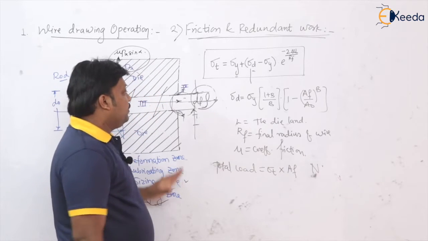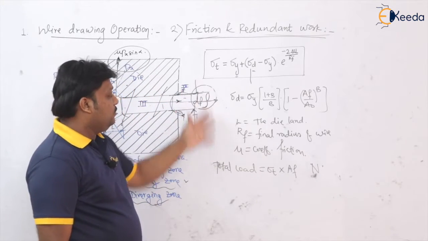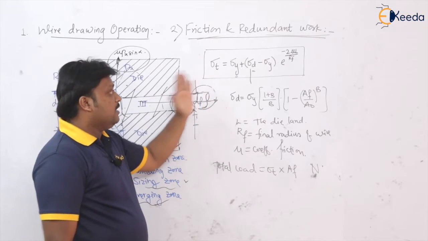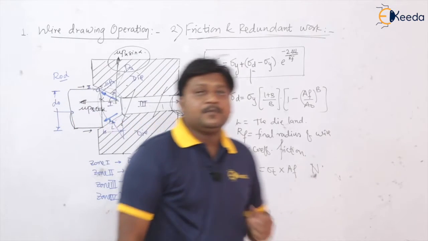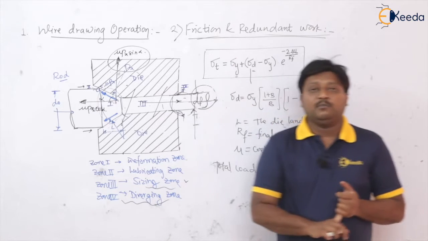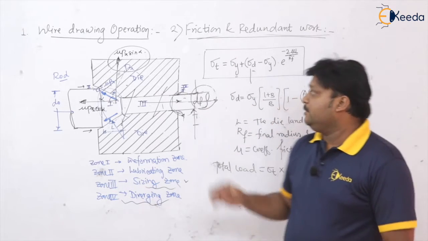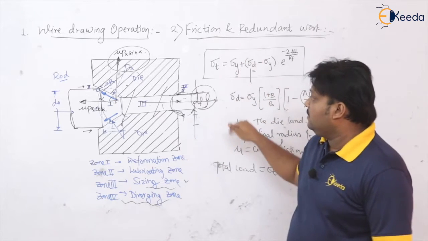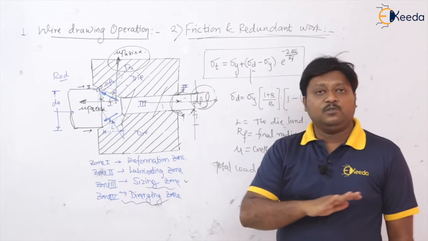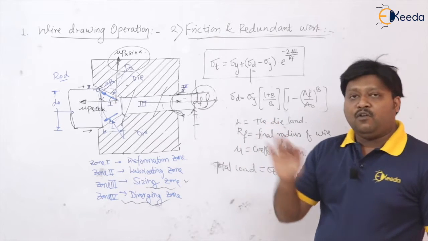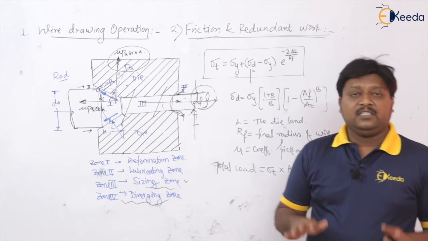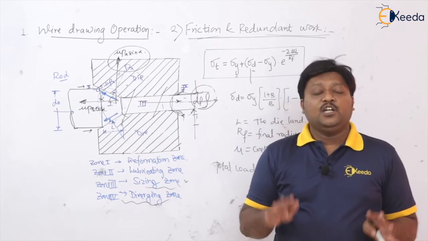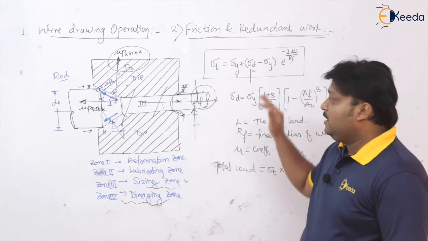No one is going to ask you in the GATE examination how these all come. For deformation or metal forming processes, you just need the important formulas. We can derive it, no big issue, but as far as GATE preparation is concerned, there is no need for these derivations.